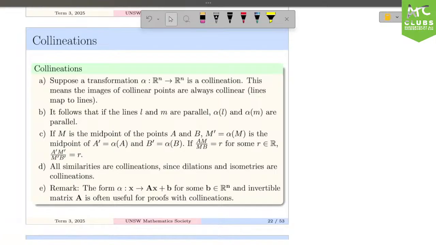For example, if you want to prove the midpoint property, we have the points A and B, the position vectors are A and B, and the position vector of the midpoint is M, the average of the vectors A and B. We can simply write alpha of M. After some algebraic manipulation, you will find that this is just equal to the average of alpha A and alpha B. So, if we have it in the form Ax plus b, where A is an invertible matrix and b is a vector in Rn, we have a much simpler way to prove a lot of critical properties of collineations.